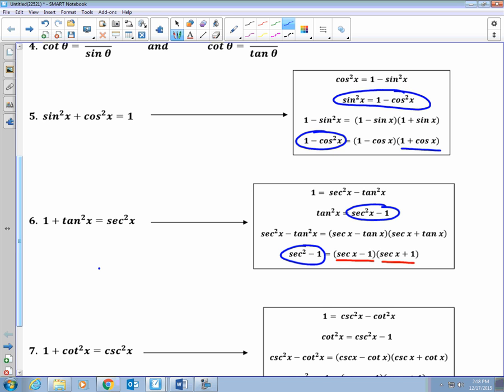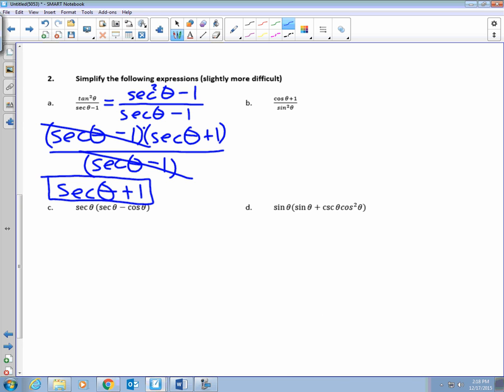It comes from sine squared. Do you have a sine squared in your problem? Yeah. So I can write this as cosine of theta plus 1 over, instead of writing sine squared, what can I write?